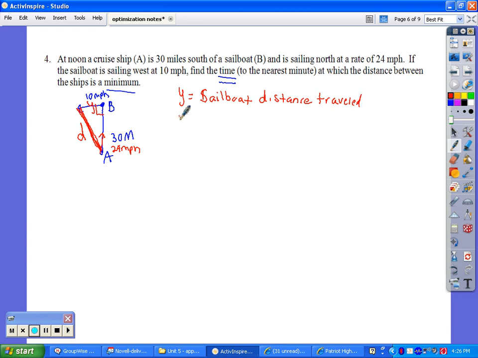And x is the cruise ship, which is ship A, distance traveled.